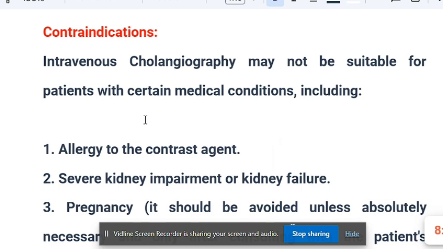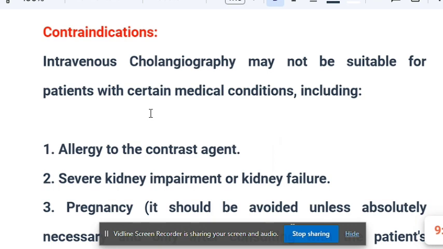Okay. Now, contraindication: in which cases is intravenous cholangiography not done? We do not consider doing this examination. If any patient's case is contraindicated, then how will we ensure that he or she is suffering from a particular gallbladder related disease?